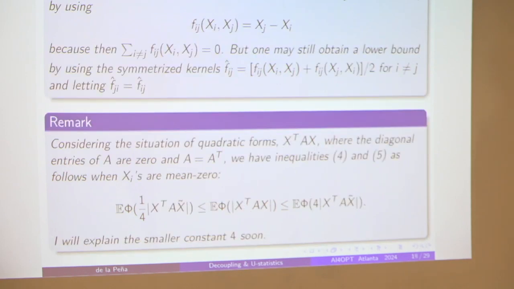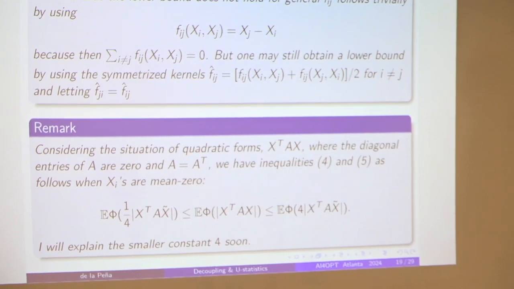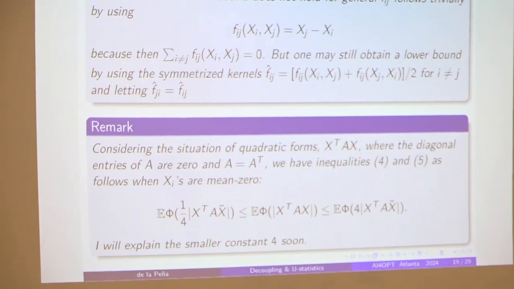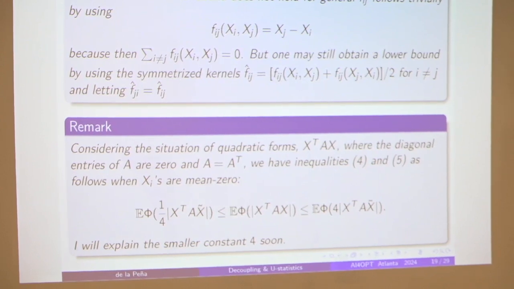Now, this part is probably not important, so let's skip it. But this is important. Who knows the book by Vershynin? He writes on high-dimensional statistics. He has a very famous book. In his book, he's using an inequality of this type.